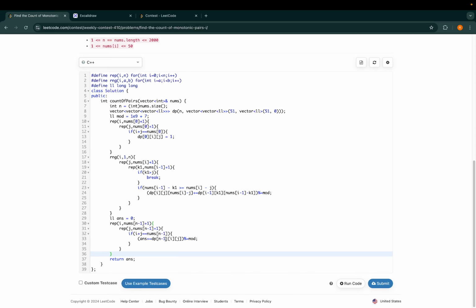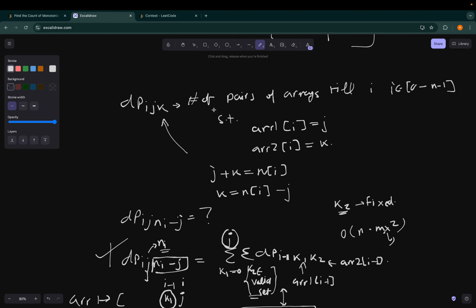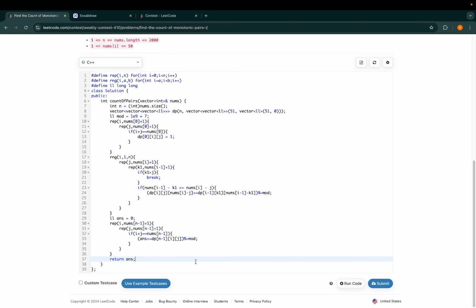You take all the answers which have i and j such that i plus j is the last number, and just add the dp to the answer, because we saw that it's the number of pairs till i, right? So when you want to calculate till n minus 1, you'll just do a summation over these n minus 1, i, j such that i plus j is nums of n minus 1. Yeah, and this will return the answer. That's pretty much it.